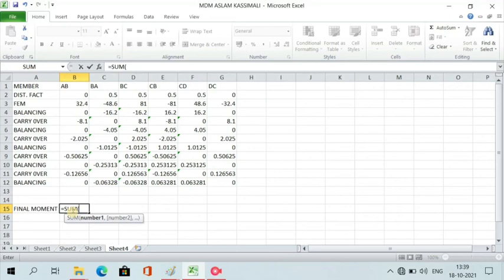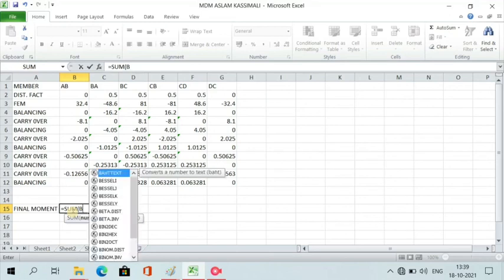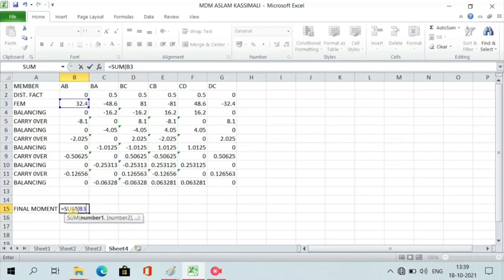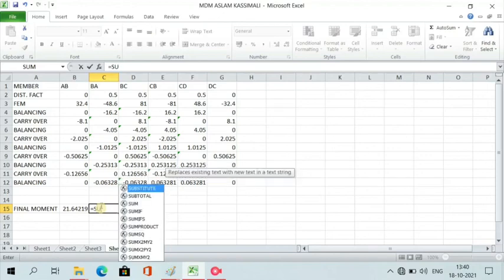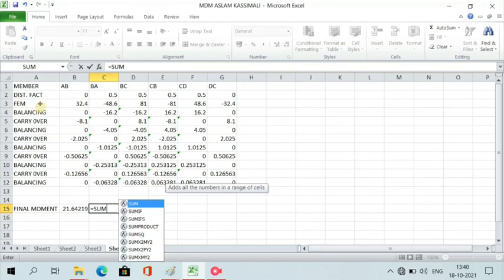So what formula will I write for this summation? Sum, from where we need to add, B3 till B12, bracket close, press enter, we will get our result. For this C column also, the formula is equal to sum.